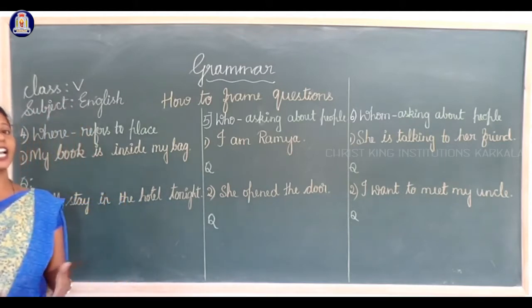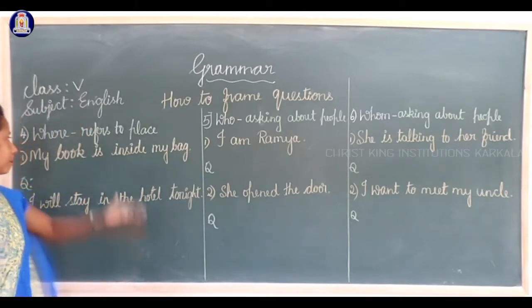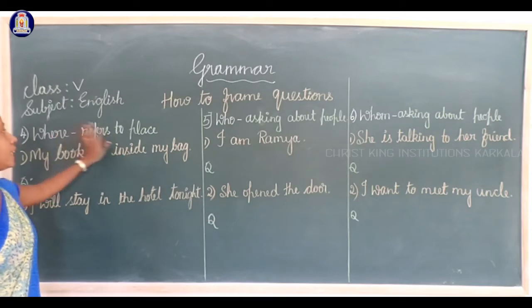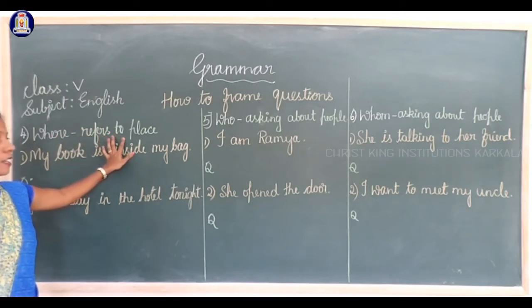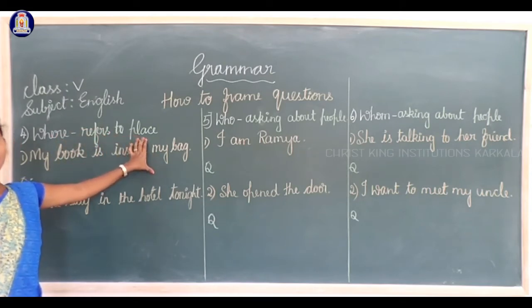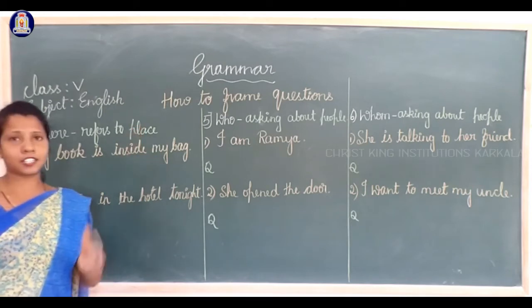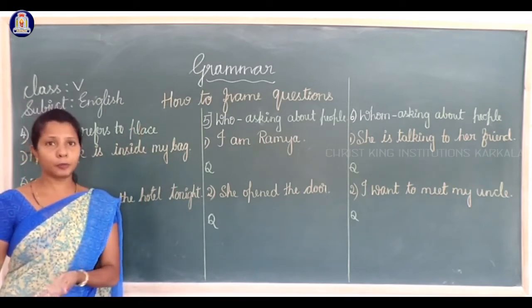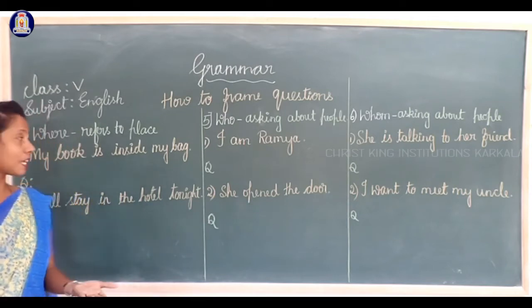So we ask, where are you from? Here, where usually refers to the place. Place may be places like Mangalore, Udupi or Karkala, any places.